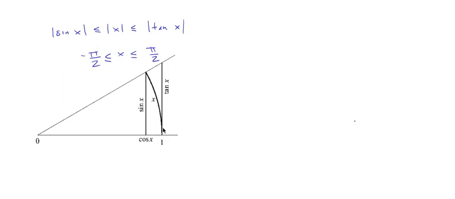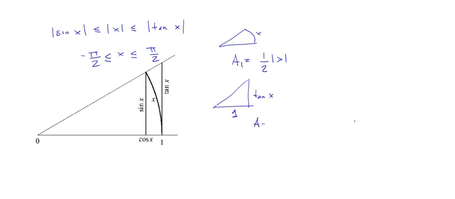Now, x and the tangent is not so easy to see that this is smaller than this, but you can see this with the areas, right? So the area of the sector, this is x, this is a circular sector, and the area of this is 1/2 of the angle, and the angle here is the absolute value of x. So this is area 1, and the area of this, this is 1, and this is the tangent of x.